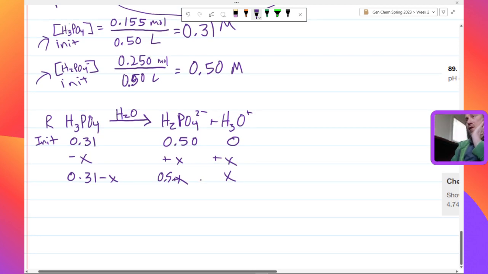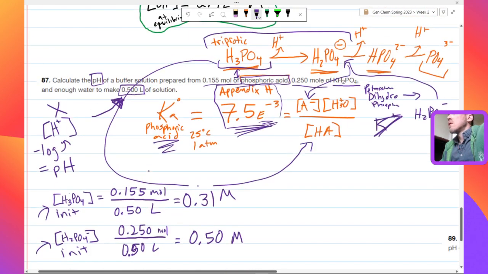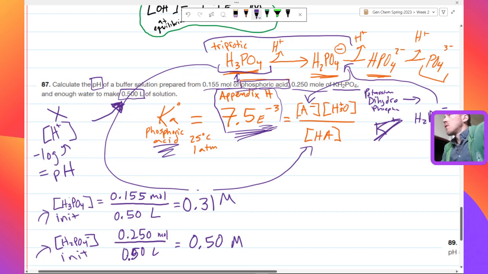So now we can solve for x because we had looked up that the Ka was 7.5 times 10 to the minus third. And we know that that is equal to, you know, any old Ka expression.